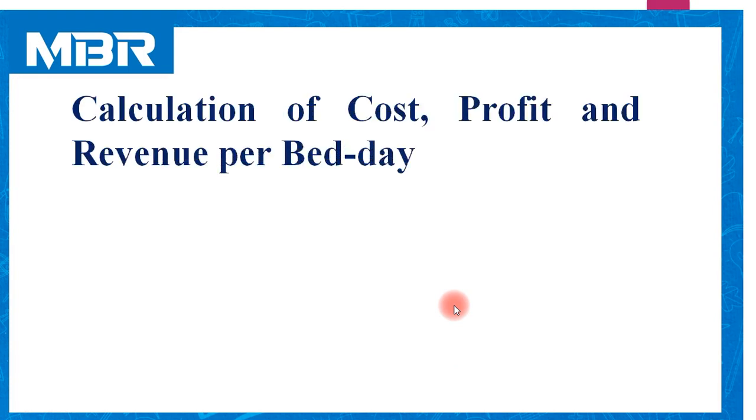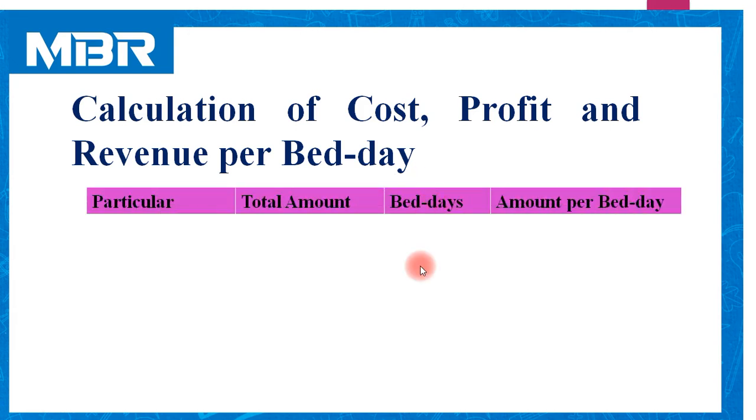Now, to wind up our answer, we need to prepare a simple table representing information of cost, profit, and revenue per bed day. Let us prepare a statement with 4 columns.